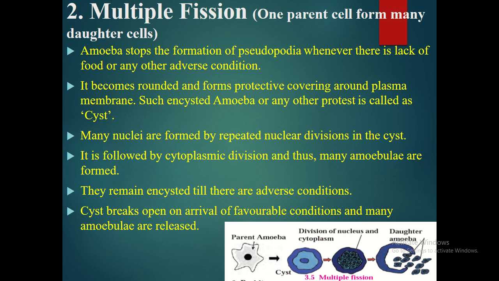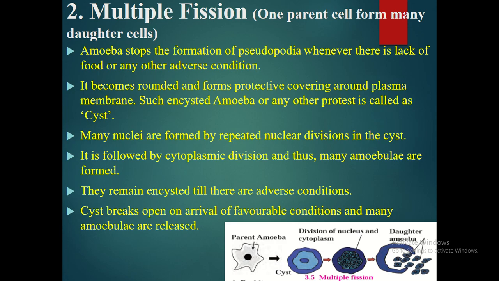In adverse conditions, when there is a lack of food, amoeba stops the formation of pseudopodia and becomes rounded to form a protective covering around it. This protective covering with amoeba is called a cyst.